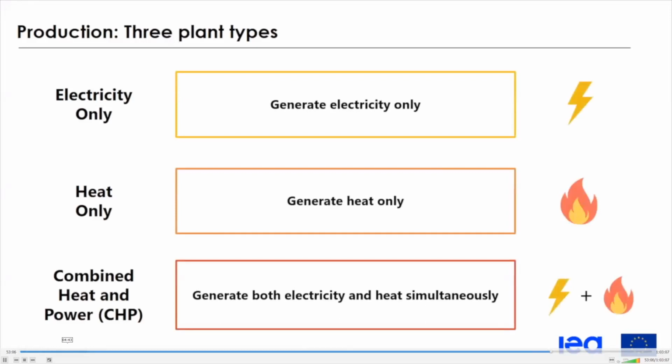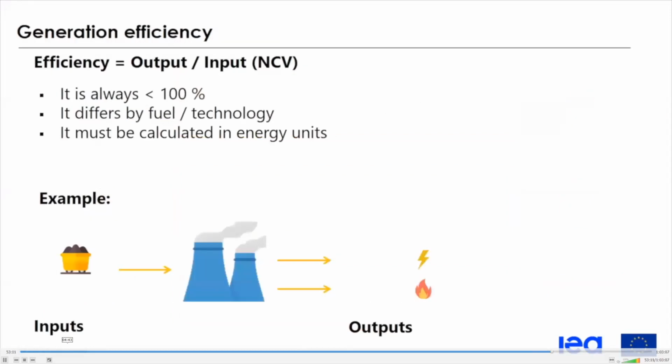Now that we have seen the distinctions we can make in the data, let's talk again about efficiencies. We insist on this in this presentation because efficiencies are important to keep good track of your data sets and check the quality of your data set. And again, an efficiency is calculated as the output divided by the input, using net calorific value to work in energy units. And in energy units, it's always below 100%.